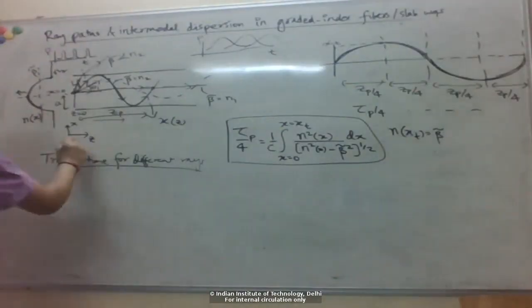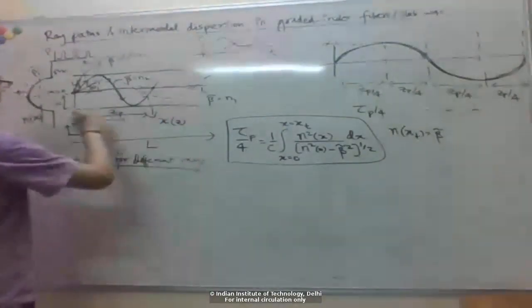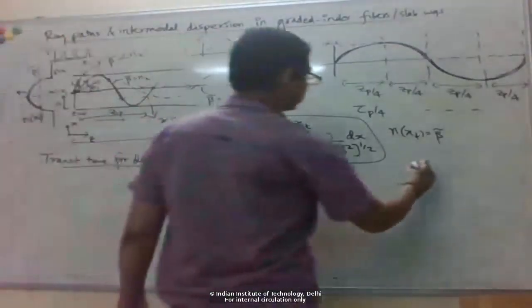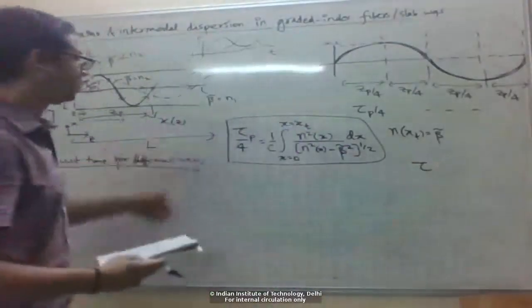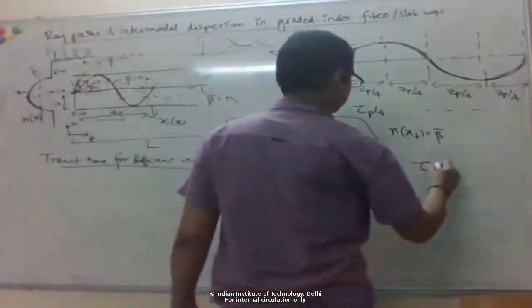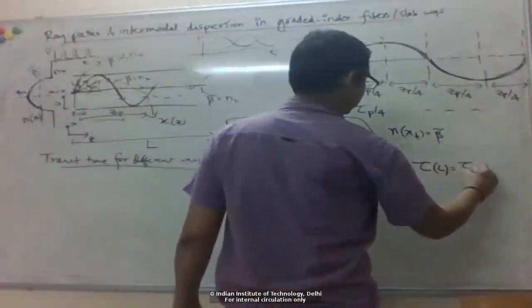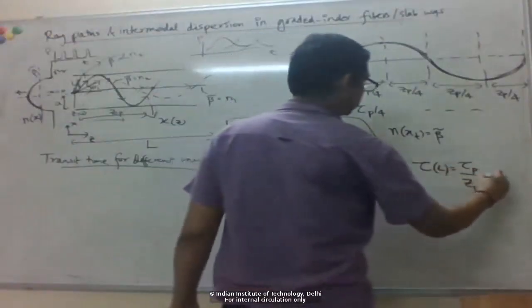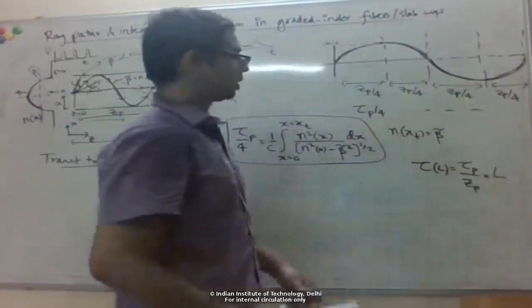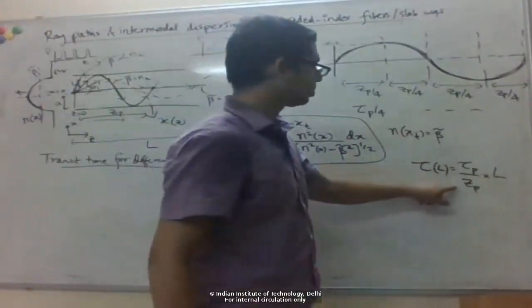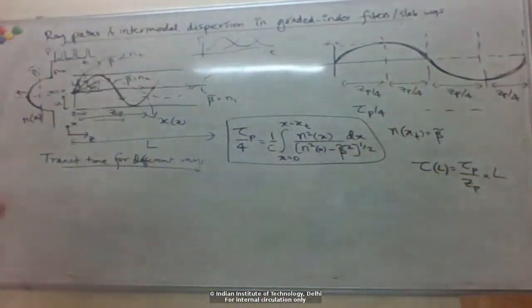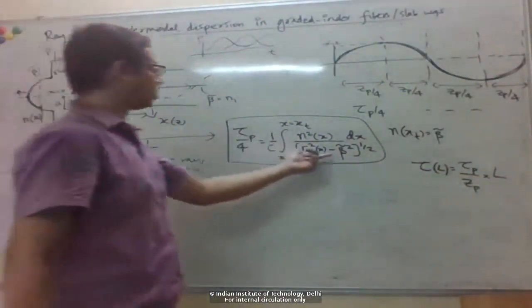If you have a total length L of the waveguide or fiber, then the total time taken to cover the whole length L I can just calculate like that, right? To cover Zp it takes tau p, so per unit length it takes that much time, so multiply by L. So tau p we can calculate from this integral.